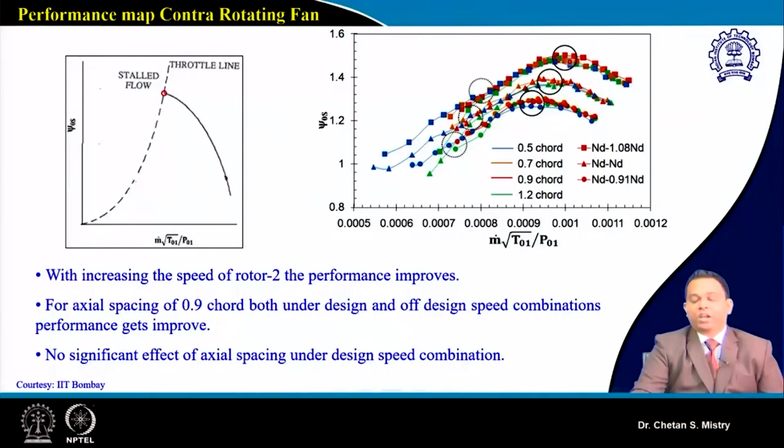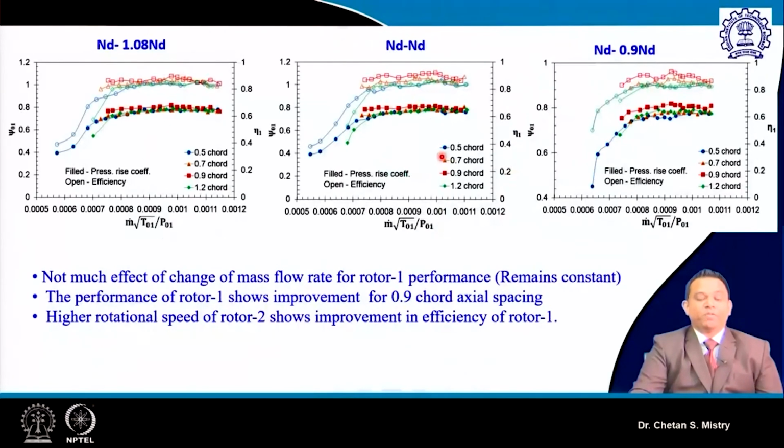Here, with increasing rotational speed of rotor 2, we are able to achieve high pressure rise. But at the same time, we have to compromise somewhere in terms of our operating range. This is the partial stall, and this represents the full stall configuration. That will be clearer if we look at the individual performance of the rotors.